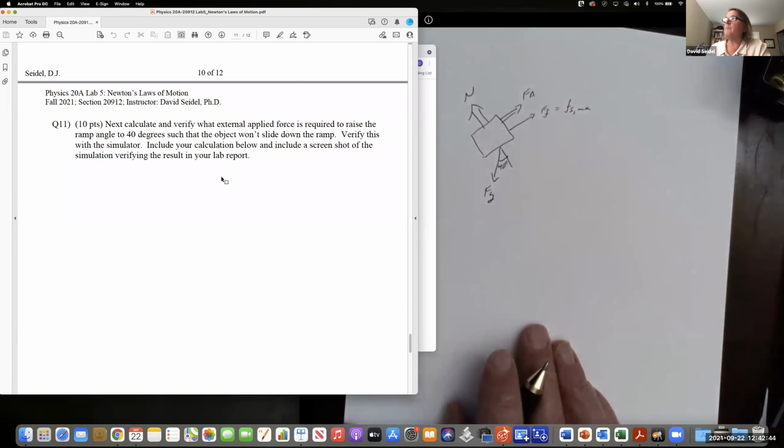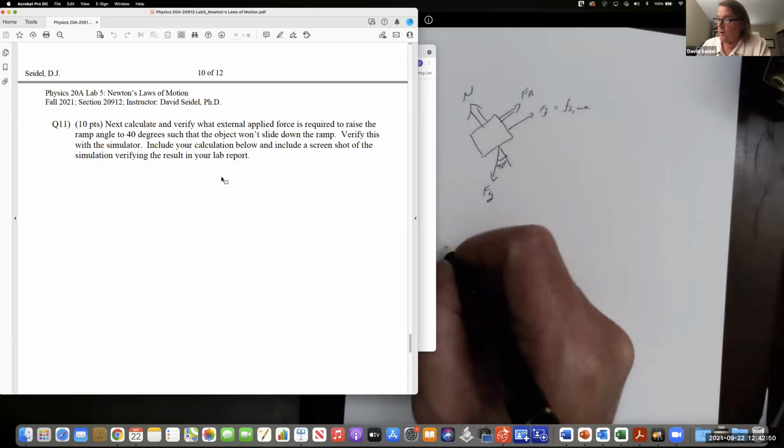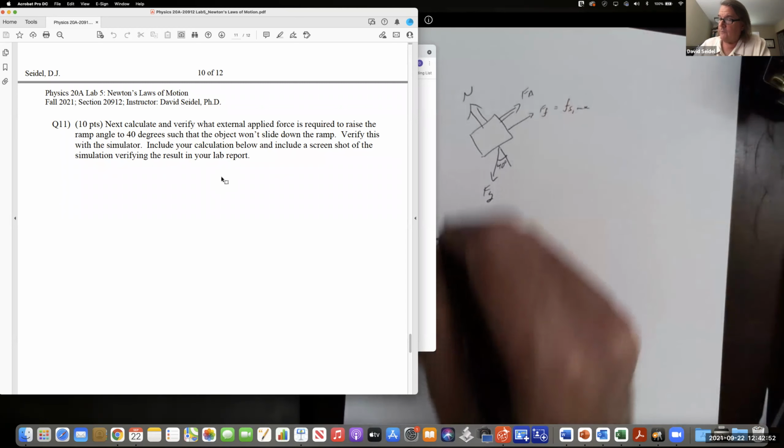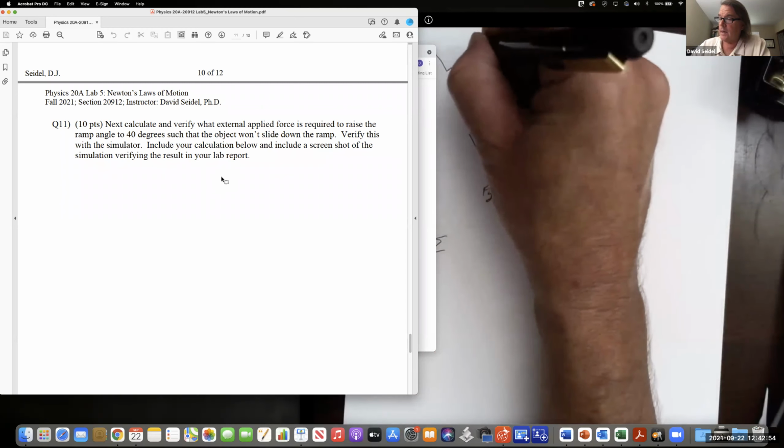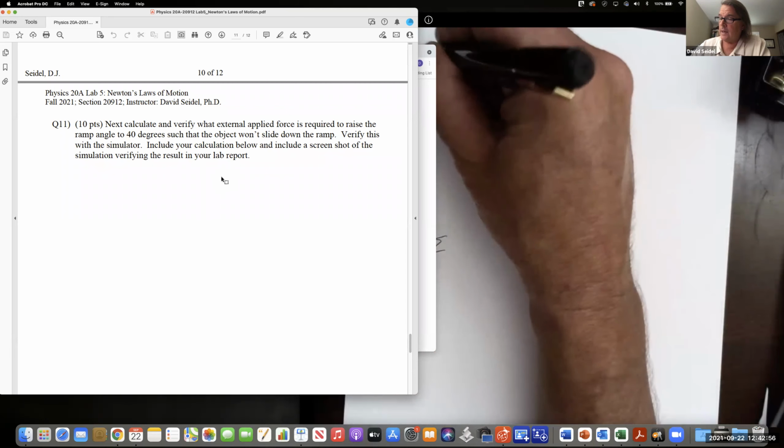So I want to know the minimum force that needs to be applied so it won't move. This is the minimum force. So the sum of the forces, here's X and Y.